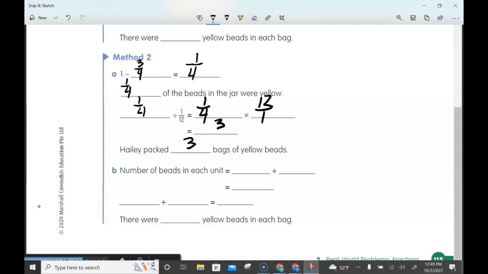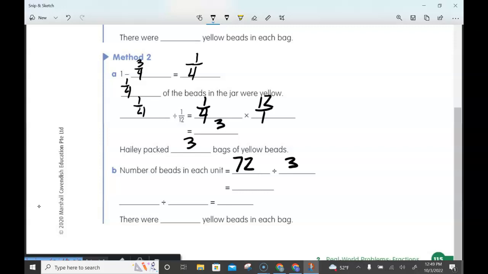Now it says the number of beads in each unit, because we're trying to figure out, there were 72 orange beads, how many yellow beads were there in each bag. So for the number of beads in each unit, we can take that 72. Where's that 72 coming from? We can see there were 72 orange beads. And we're going to divide that by 3, since Haley packed 3 bags of yellow beads.